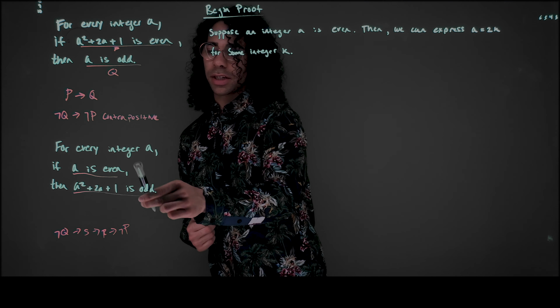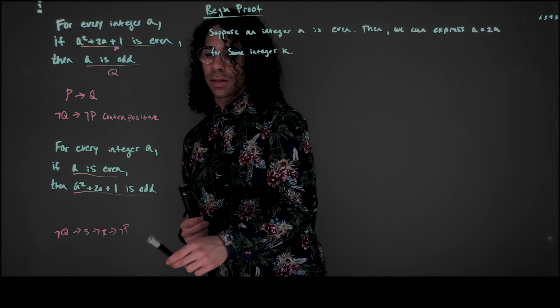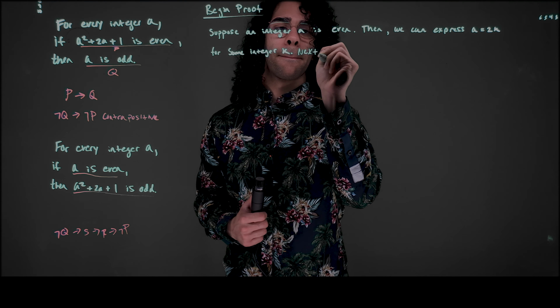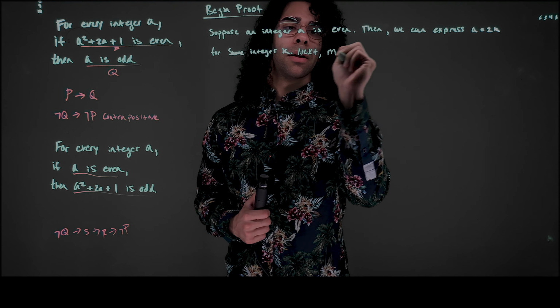So now we're trying to get from this hypothesis to this conclusion. What we're going to do is algebraically manipulate a so that it looks like that. We're just going to say, next, multiply a by a, then add 2 multiplied by a, and finally, add 1.